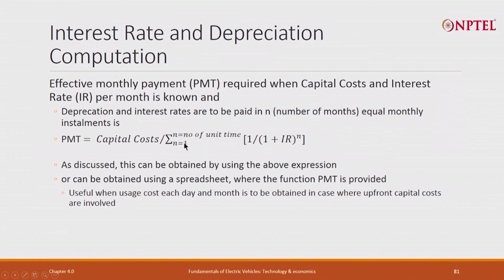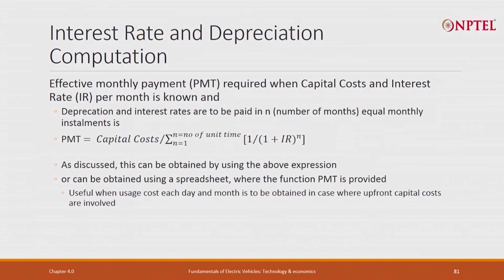Suppose it is 5 years, so summation over 5 terms divided by this, which is 1 into 1 plus interest rate to the power of n. So, fairly involved formula if you do it for 5 years.